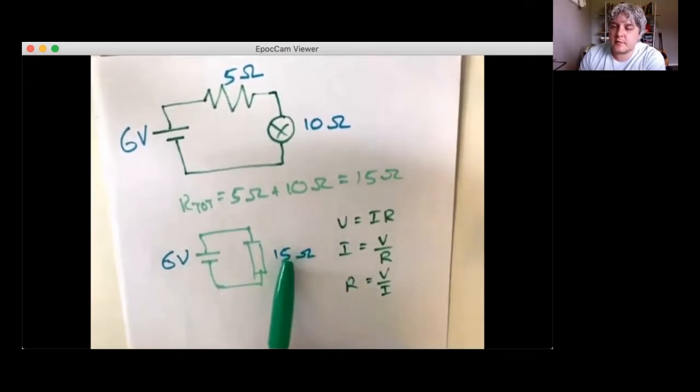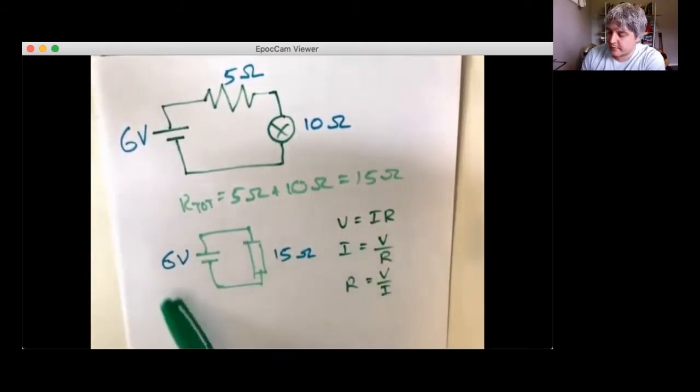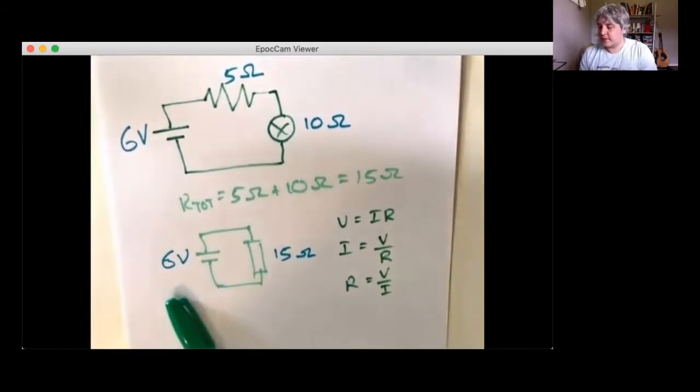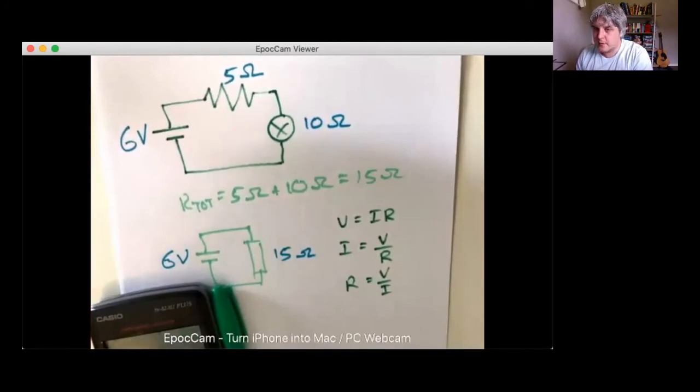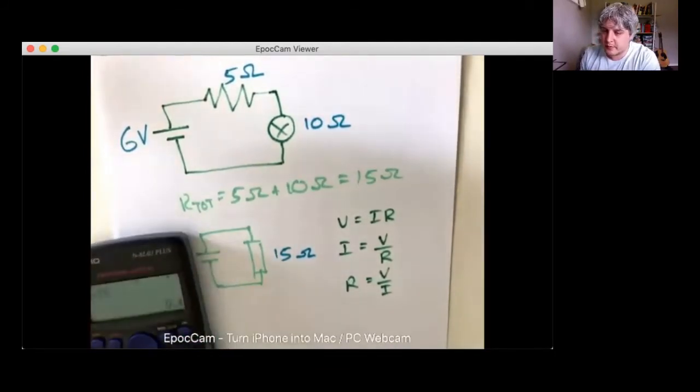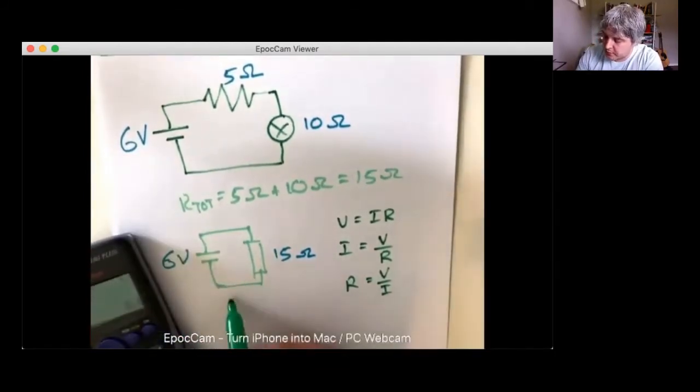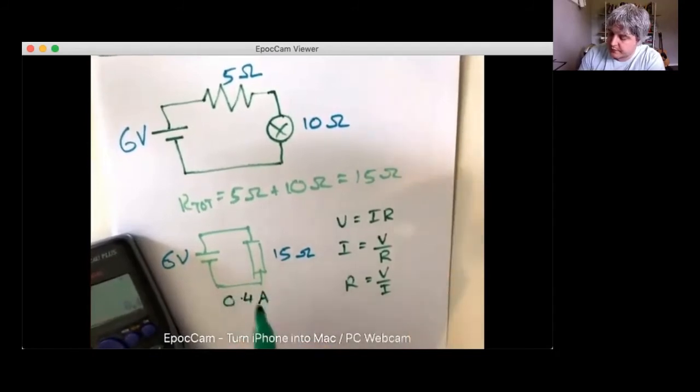We know the resistance across the circuit, so the total resistance. And the only thing we don't know is the current, but now we can use our formula here to calculate that current. So Ohm's law will tell us that the current is 6 divided by 15, which is a current of 0.4. So we get 0.4 amps.